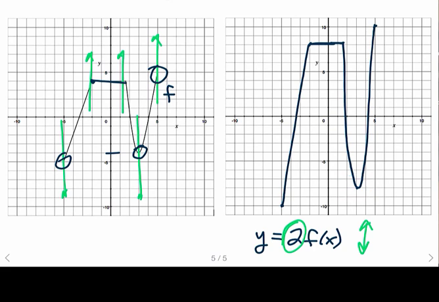Number two, I didn't want to violate the function vertical line test. It might have been easy to do a poor job of it, letting our lines swirl around, but then I would actually end up violating the vertical line test. So I was trying to be very careful not to do that, and this is the stretched function.